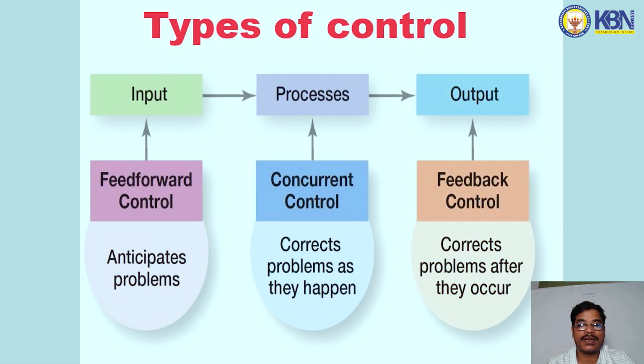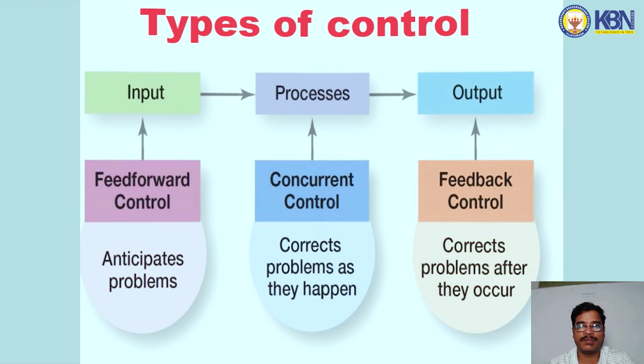Feedback control gives us clarity that so and so event has happened, so and so deviation has been observed, so we need to go for implementing corrective measures. So feedback control helps us keep tracking the situation after the deviations have happened. And these are the different types of control.